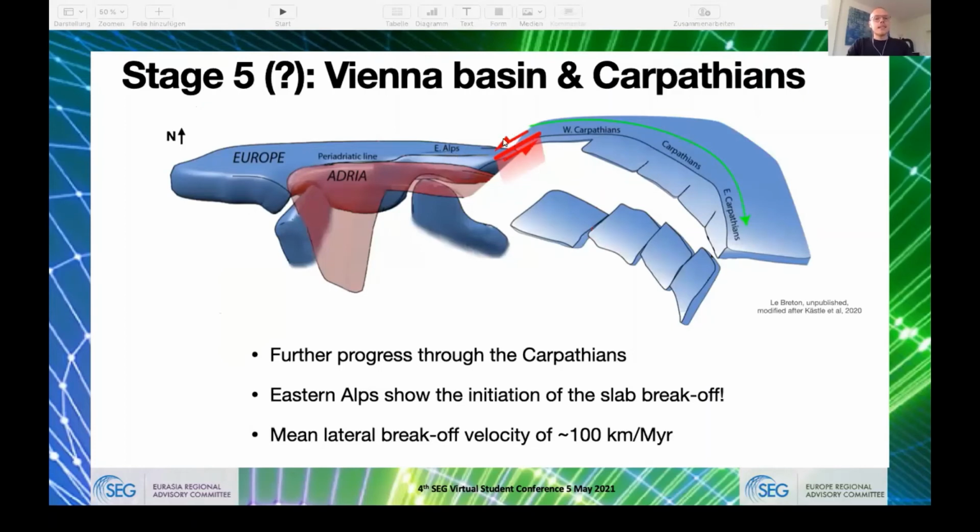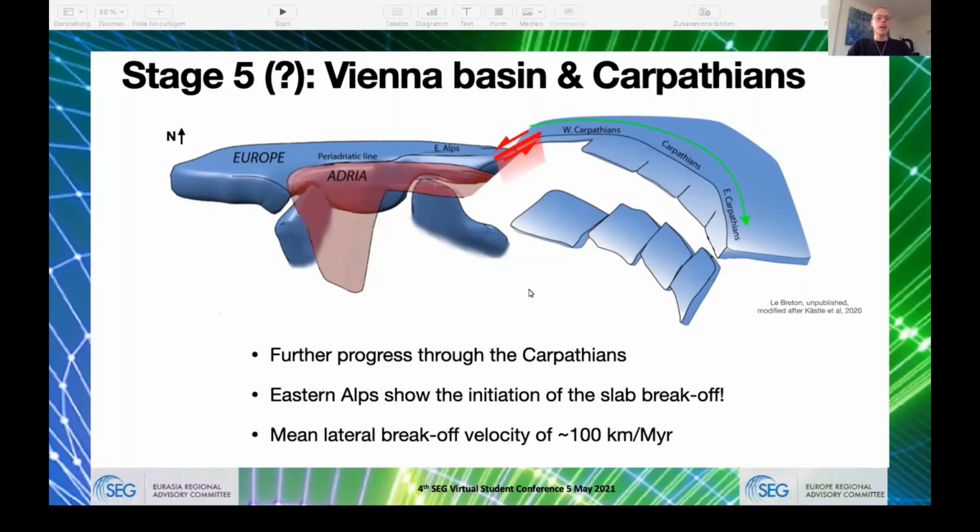Then at 16 million years, there is the initiation of a strike-slip basin in the Vienna Basin. And then there are clear evidences for a slab break-off that is continuously moving from the Western Carpathians all the way around the Carpathians until its recent position north of Bucharest.